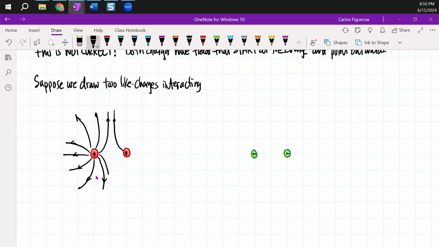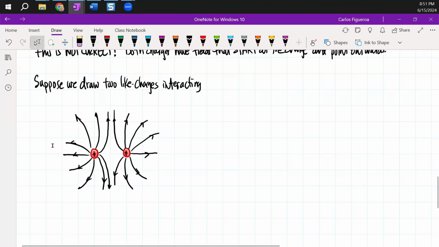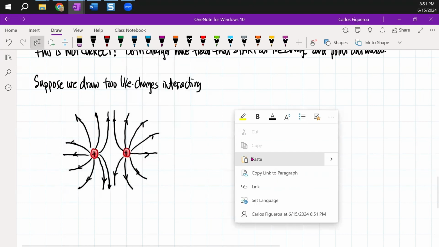And then the same thing happens with this guy. They're going out, and then I'm starting to see the fields do something like this. Now note that I'm not being super careful, but there's a reason to this madness, and I can do the exact same thing. In fact, I'm just going to copy this because the negative charges are exactly the same thing.